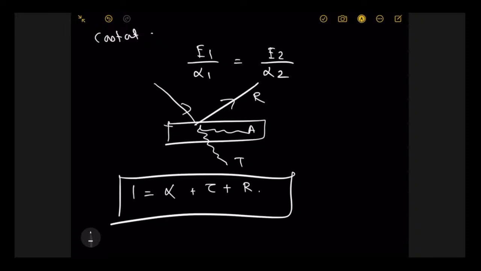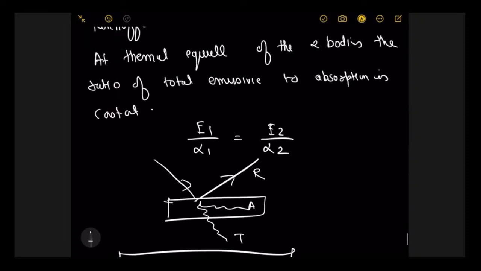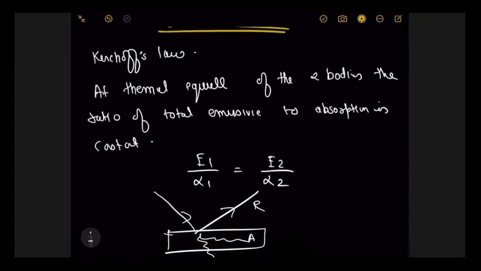So Kirchhoff's law tells that at thermal equilibrium of two bodies, the ratio of total emissivity to absorptivity is constant.